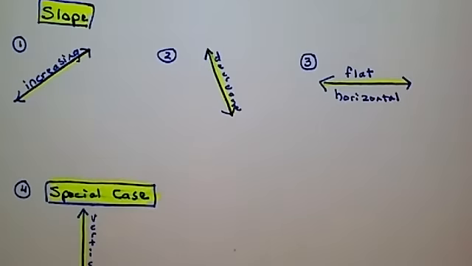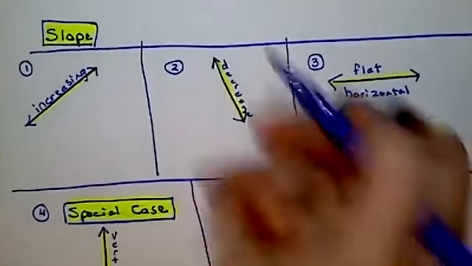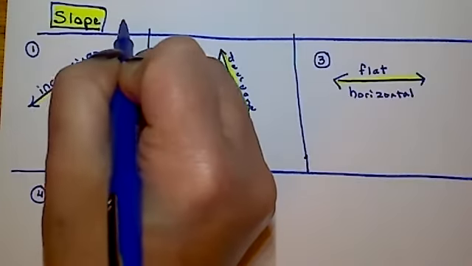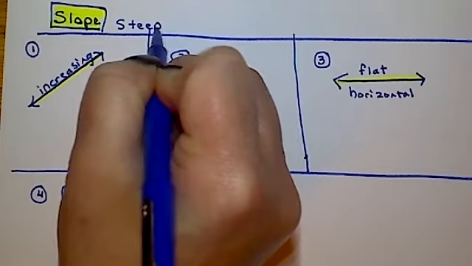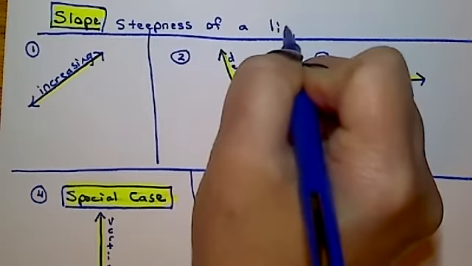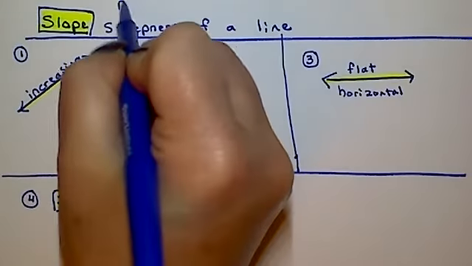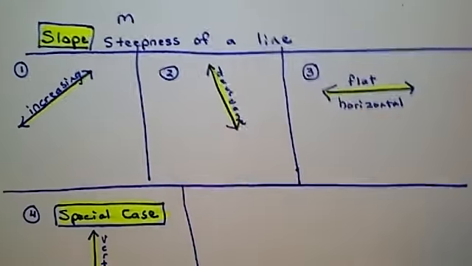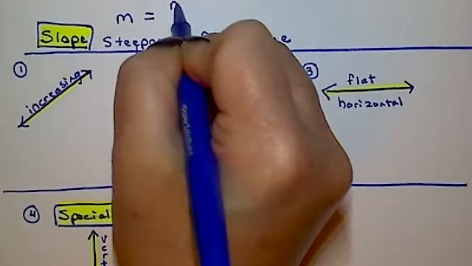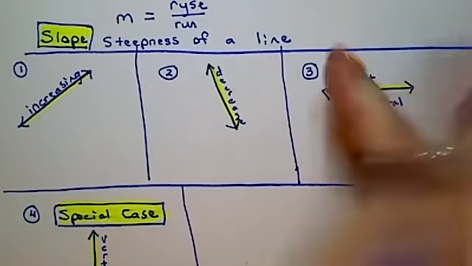So when you look at these 4 types of slope, slope is the steepness of a line. And in math, slope is written using the letter m, and it's rise over run.